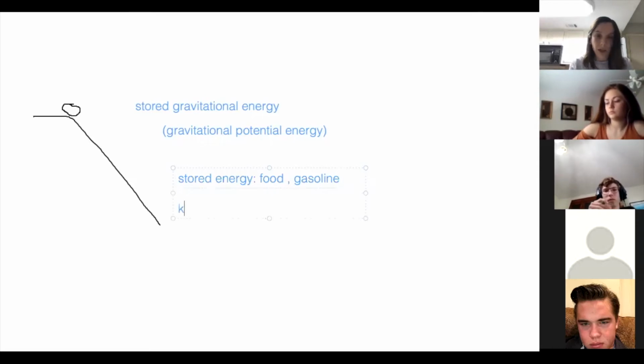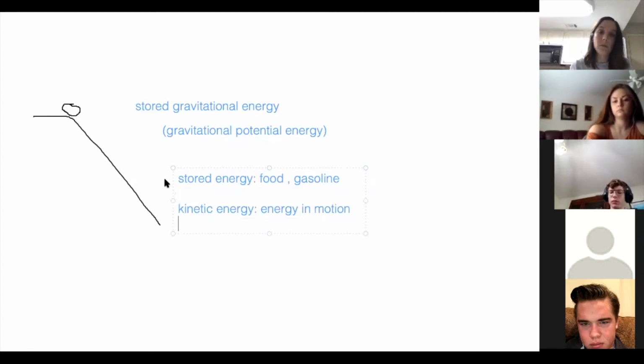There's also kinetic energy, which is energy in motion. And you can go in between kinetic energy and stored energy. So you can roll a boulder up a hill, and by rolling it up the hill, you are moving it.